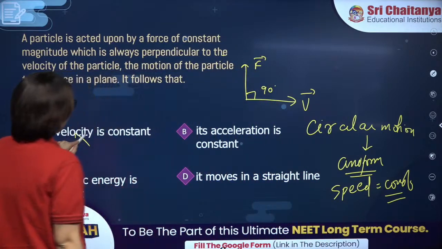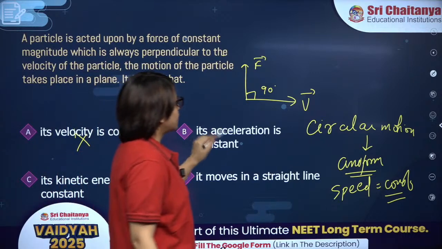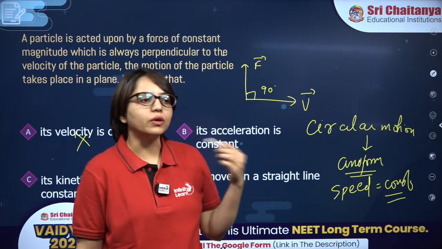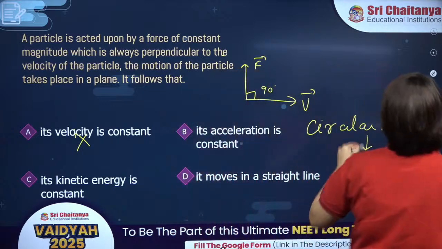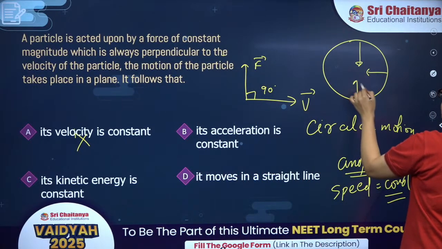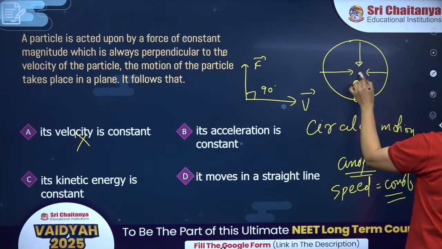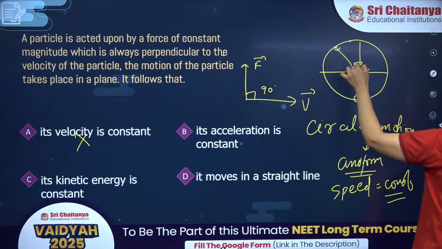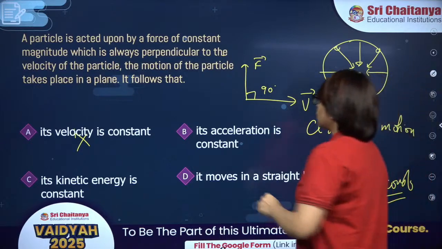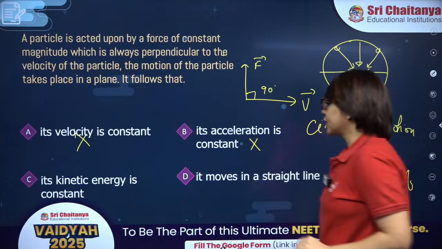If velocity is changing, acceleration will be there, and acceleration is always directed towards the center, right? So when the particle is changing its position continuously, acceleration will also change its direction continuously. So acceleration is not constant, it is changing its direction.